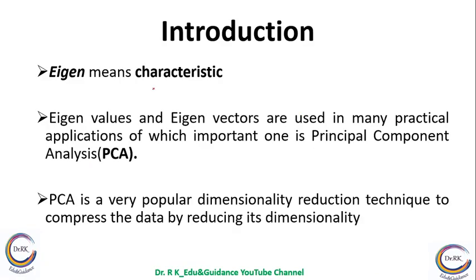Eigen is a German word which means characteristics. So it helps us understand the characteristics of a matrix. That's why we call the concept characteristic roots, characteristic vectors, or eigenvalues and eigenvectors.